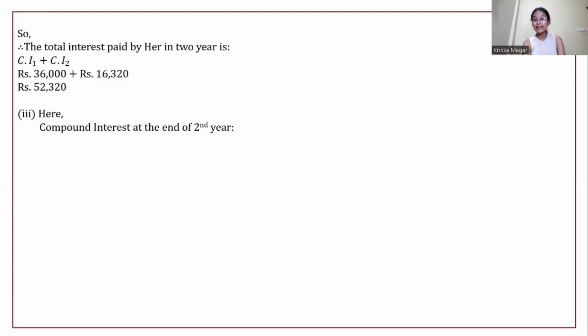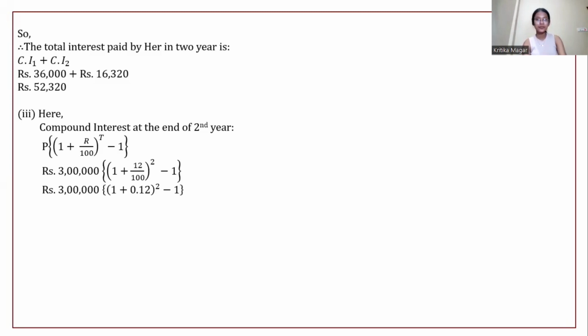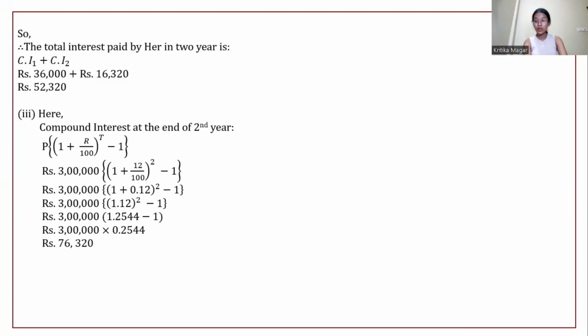So let us directly find the compound interest at the end of the second year. We use the compound interest formula where the principal is 3 lakh, the time is 2 years, and the rate is 12%. We do all the adding, subtracting, and multiplying to get the answer 76,320.